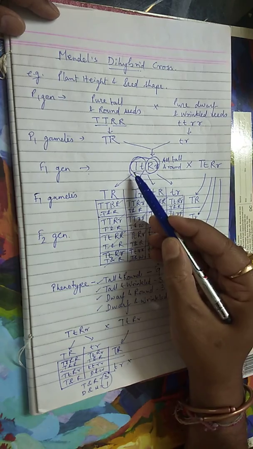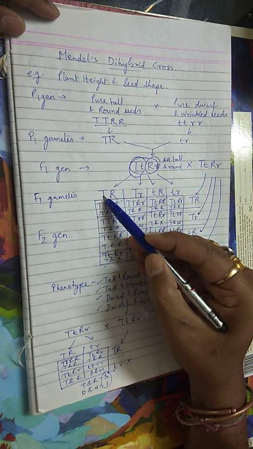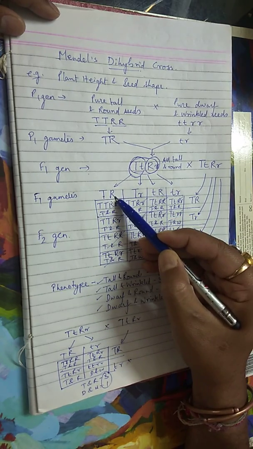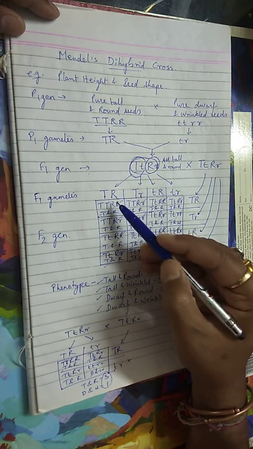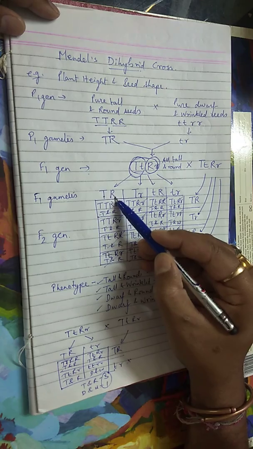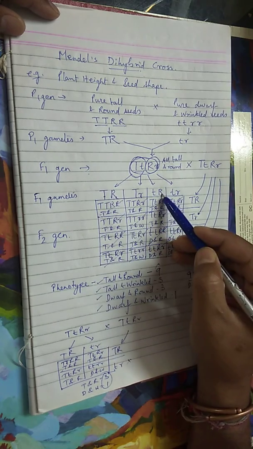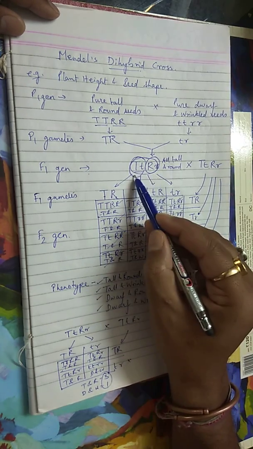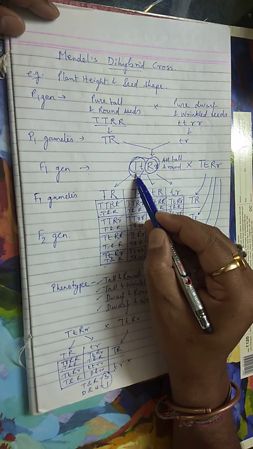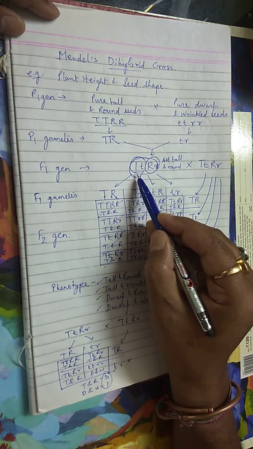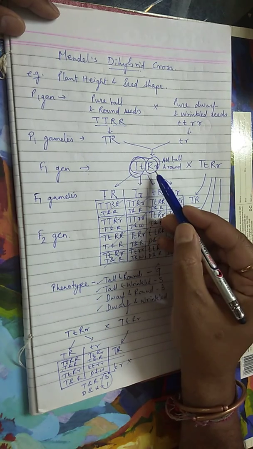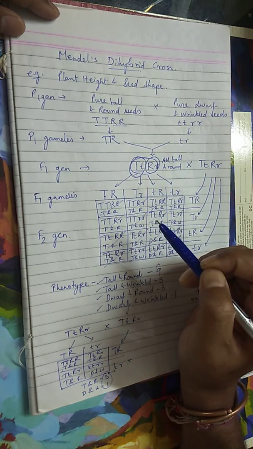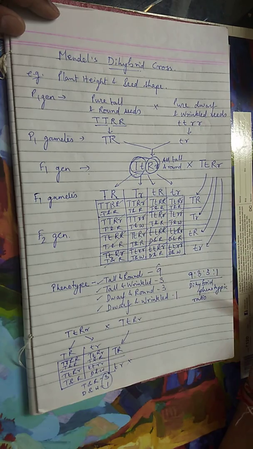That means, suppose capital T is coming here, capital T is not bound to come with capital R. It is free to come with small r as well. Similarly, capital R is not bound to come with capital T. It is free to come with small t. So the factors for one pair of contrasting character assort independently of the factors for the other pair during gamete formation. This is called the law of independent assortment.